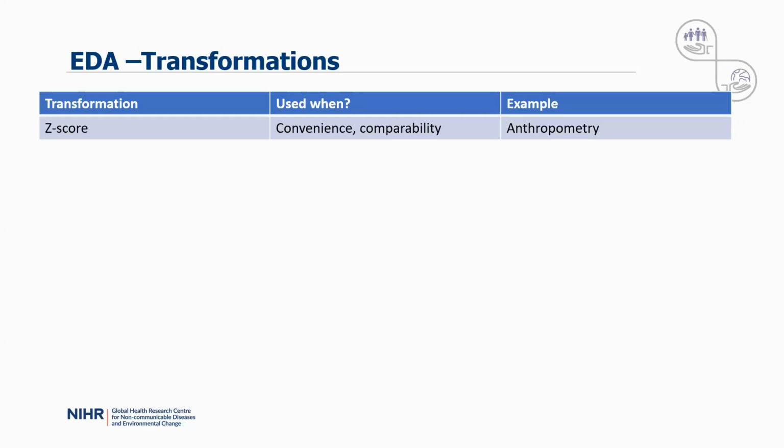This is very, very commonly used when you are looking at anthropometry, especially when you are doing reference ranges of, let's say, weight gain in neonates, or you're looking at, let's say, head circumference, arm circumference in neonates. So z scores are good transformation techniques to scale down.